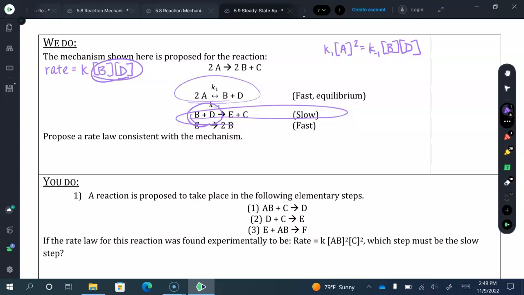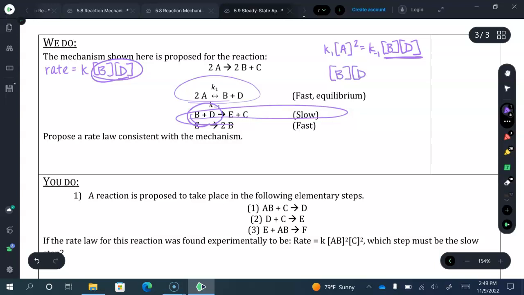So if I rearrange this expression to solve for B and D, I end up with the concentration of B and D. It's kind of like X and Y are present, and I'm just going to make this a little more simple for me, is equal to K1 times the concentration of A squared all over K negative 1.